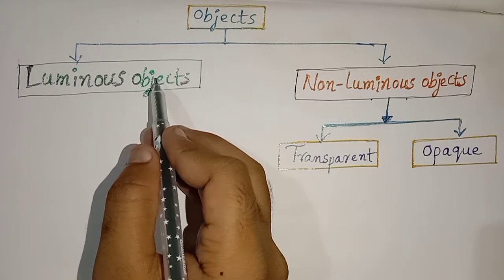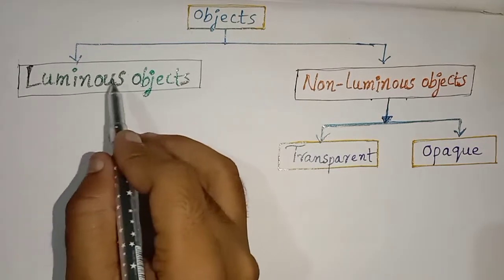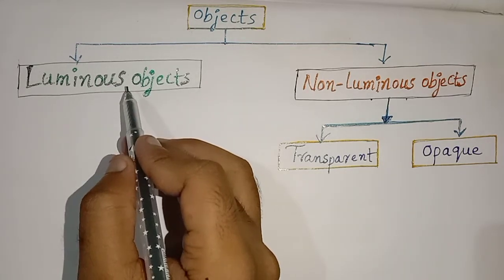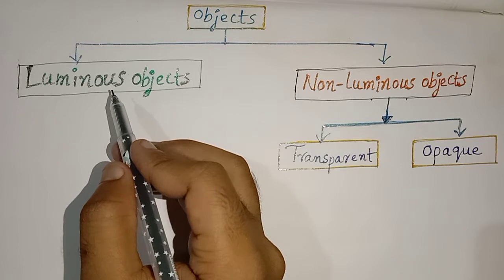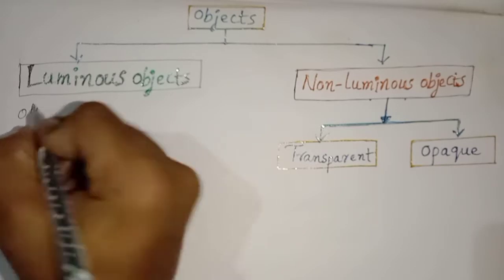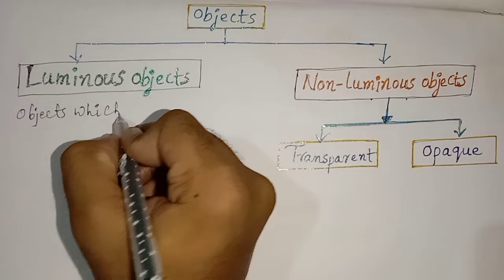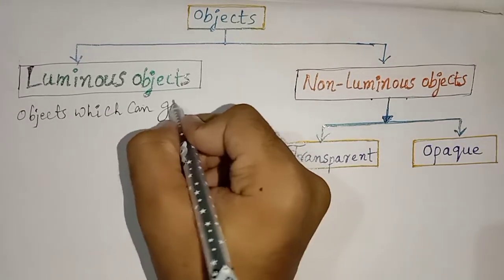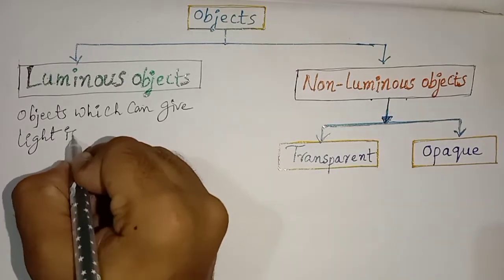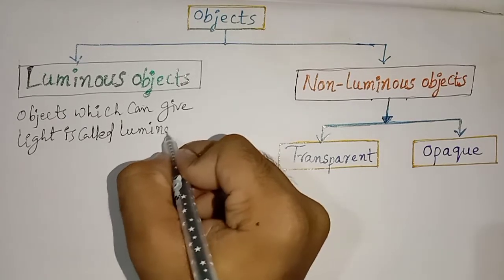Luminous objects are the objects which can give light. Such objects are called luminous objects. Very important, remember this one.